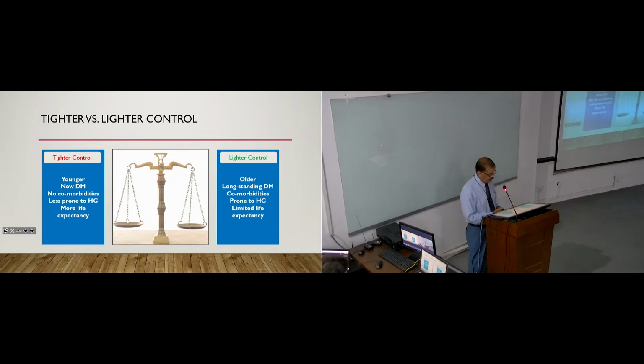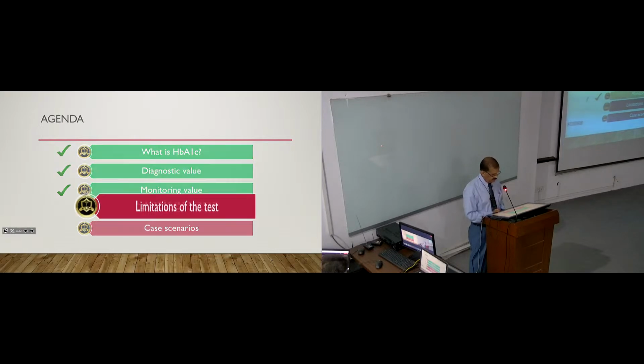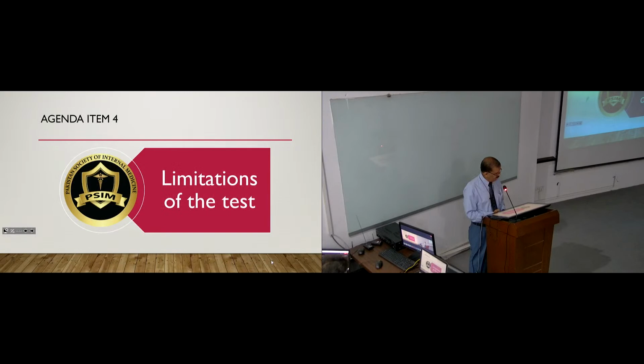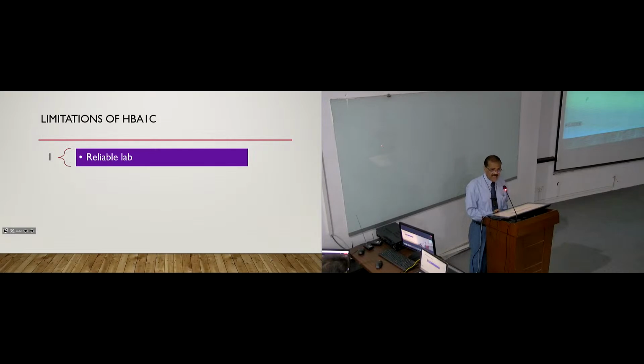So this is the monitoring of glucose with A1C. Now, the limitations of the test. First, a reliable lab. I think the pathologists know it better, there are at least 4 different methods of doing this test.